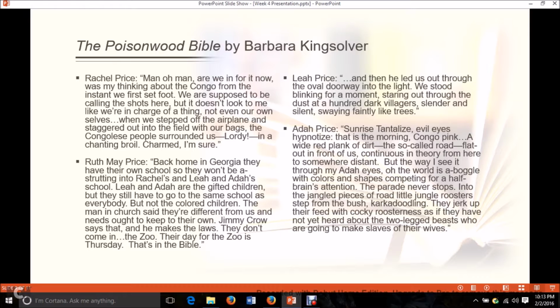And the last one is Ada Price, and she is definitely different. This character is a twin, and she is gifted like Ruth May had mentioned, but she is what the family has called, what was it? Through half-brained. So the family has called her half-brained before, but she chooses to not speak.